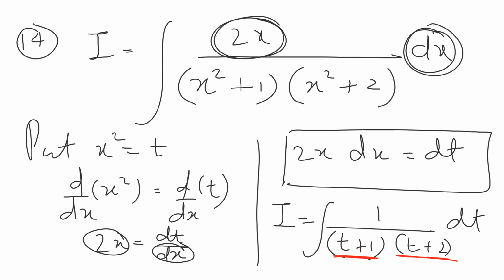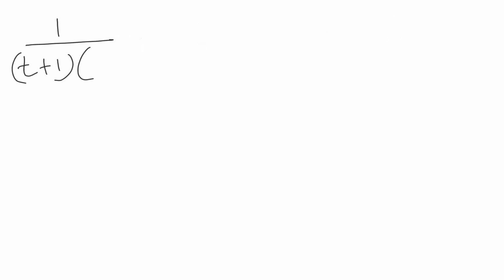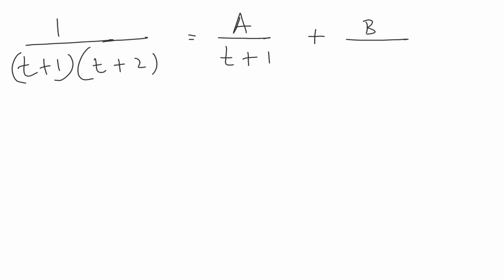So let this be equation number 1. So we'll come out of the integration sign and we'll apply the method of partial fraction. So 1 upon t plus 1 into t plus 2 is equal to a upon t plus 1 plus b upon t plus 2.